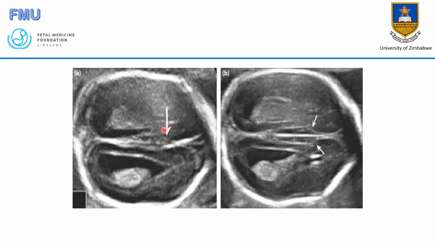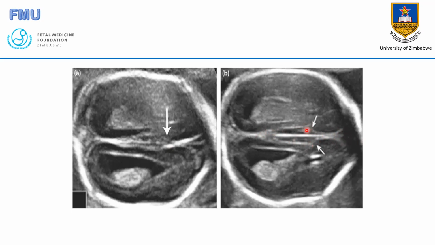But in this case, you are going to miss it, and you are going to have this teardrop kind of fashion. And sometimes you get this three-layer, the trilaminar kind of appearance, or you get these three lines which are parallel to each other. So this is what you see in cases of absent corpus callosum.